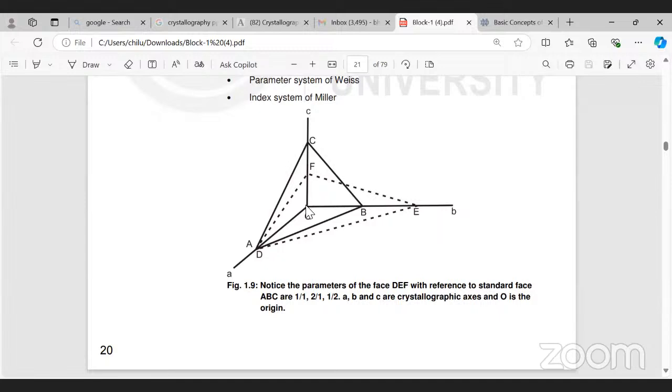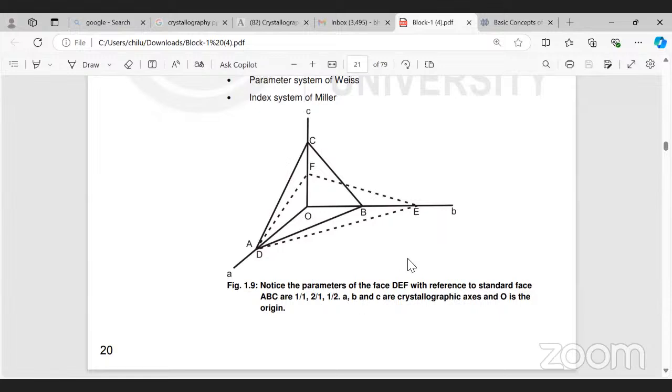These axes generate from the center point O of this crystal and pass through these corners. The first is the a axis, the second is b, and the third is the c axis.